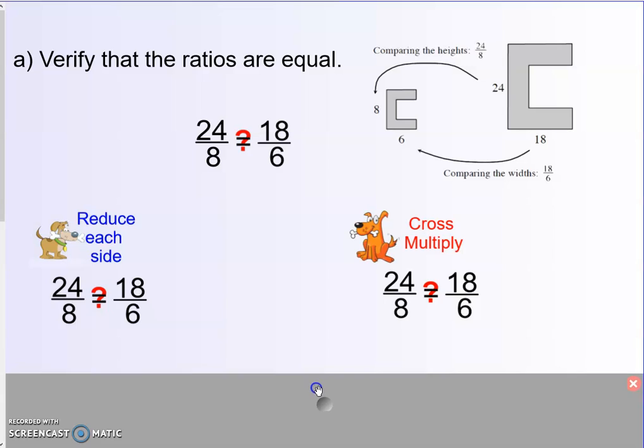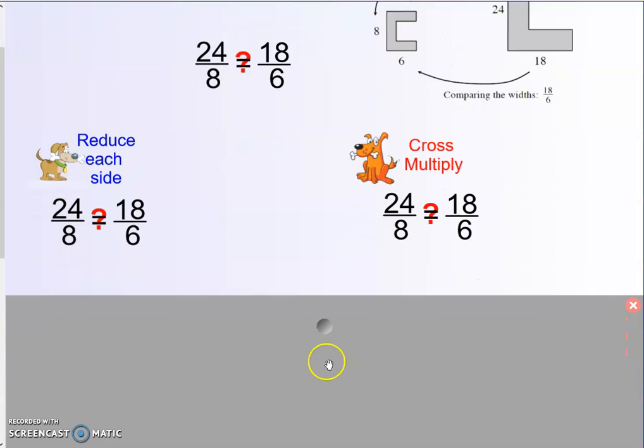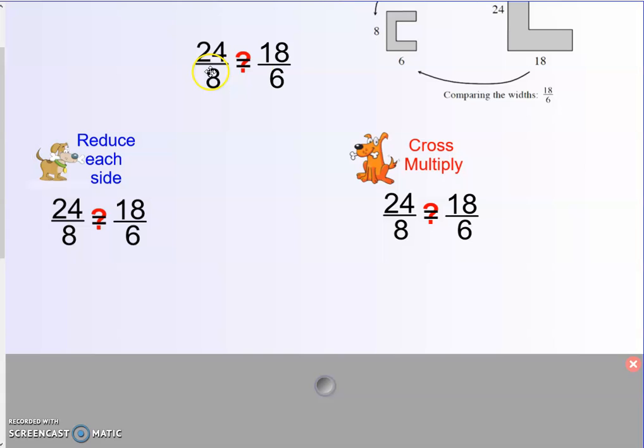There really are two ways you can check to see if you're dealing with a true proportion, if your two fractions are equal. One is you can reduce each side. So over here, I know that 8 goes into 8 one time, and I know 8 goes into 24 3 times. So this fraction on the left reduces to 3 over 1.